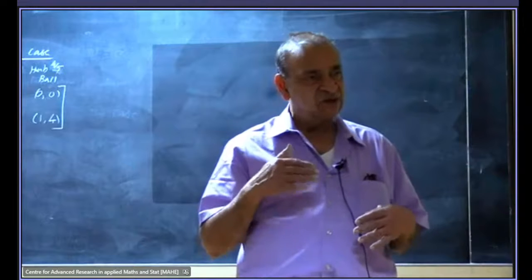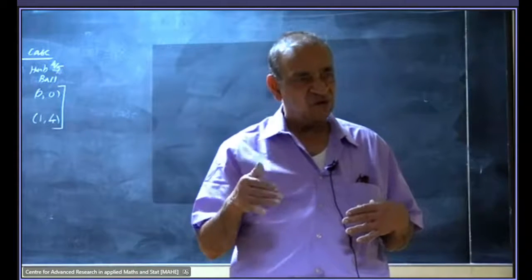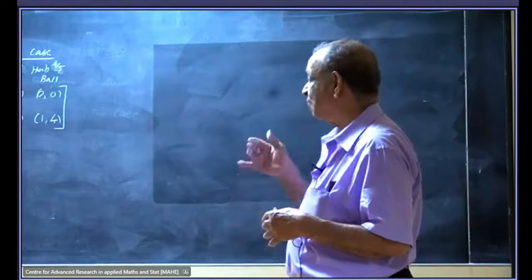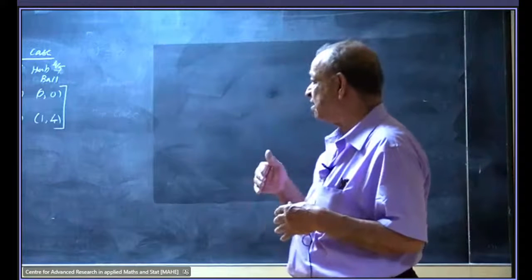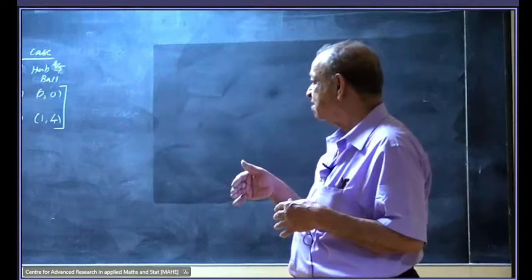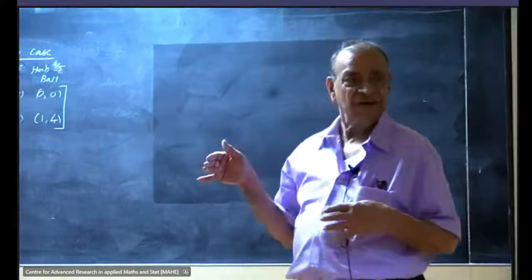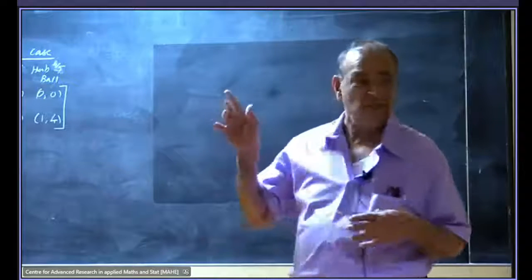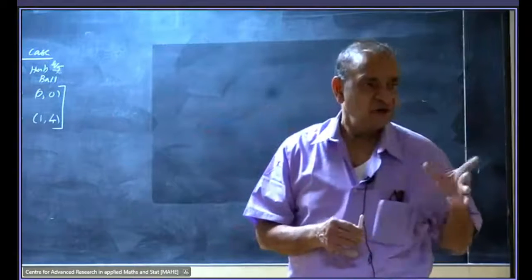If it is 1 or 2 or 3 or 4, he buys the ball game ticket. If it is 5, he buys the movie ticket. You follow me?